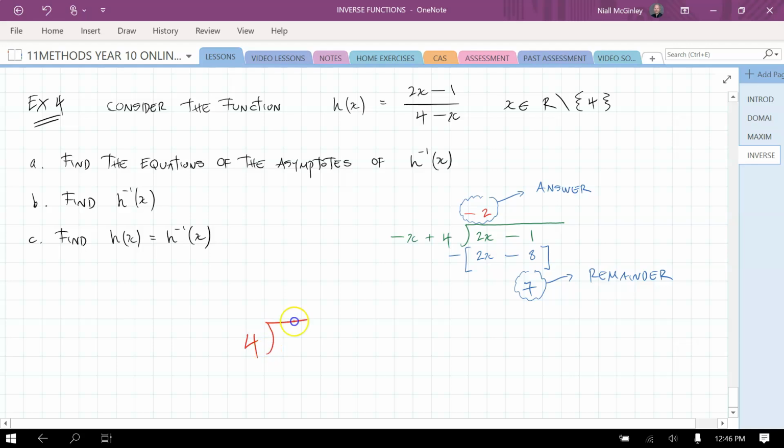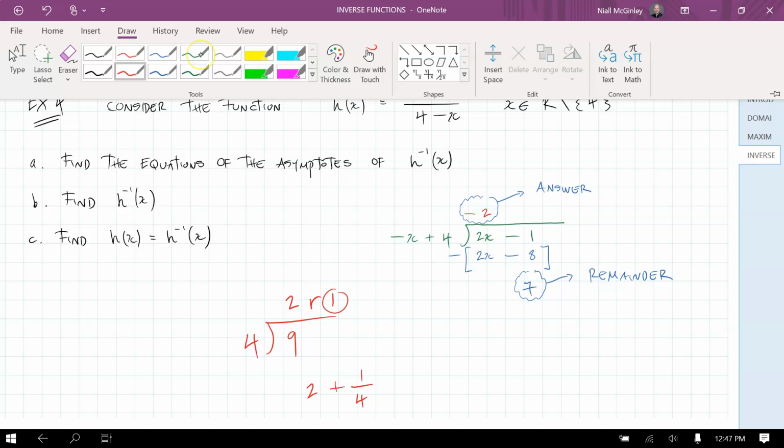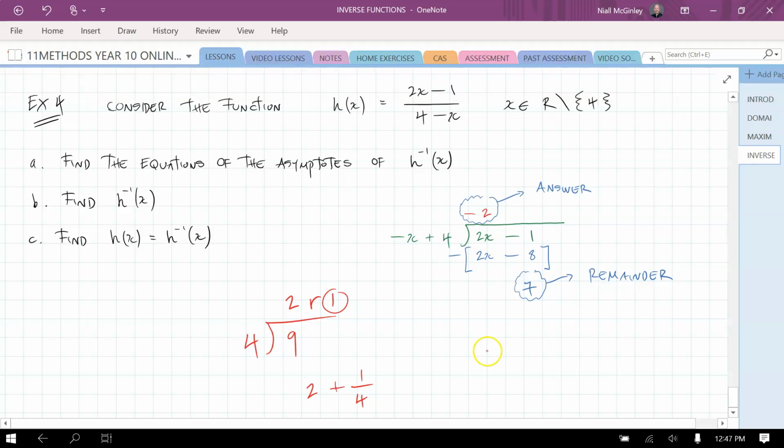If you've got 4 divided into 9, here I've got 2: 4 goes into 9 twice, remainder 1. So in this case, your answer is 2 plus your remainder, which is 1. You write it as 1 divided by 4. Your remainder still has to be divided by your divisor here. So it's the same when we have these hyperbolas and we want to write it out like this.